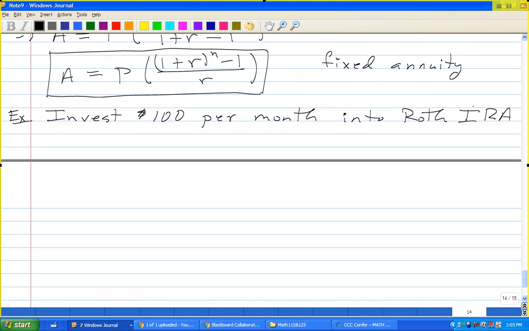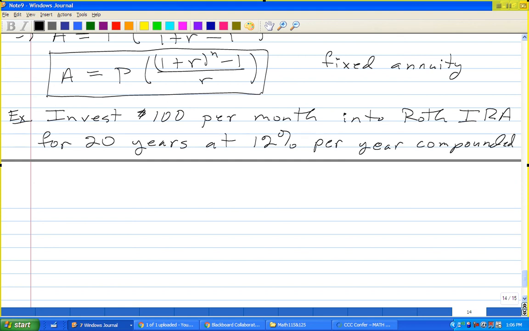And so let's say that you do this for 20 years at 12% per year, compounded monthly. Okay. How much money?